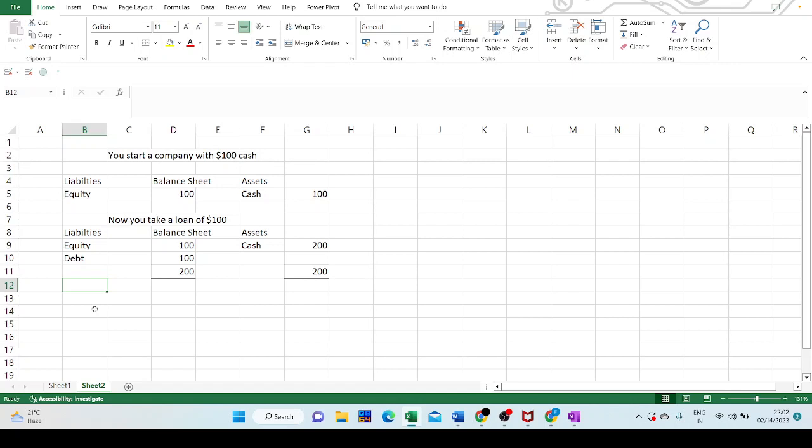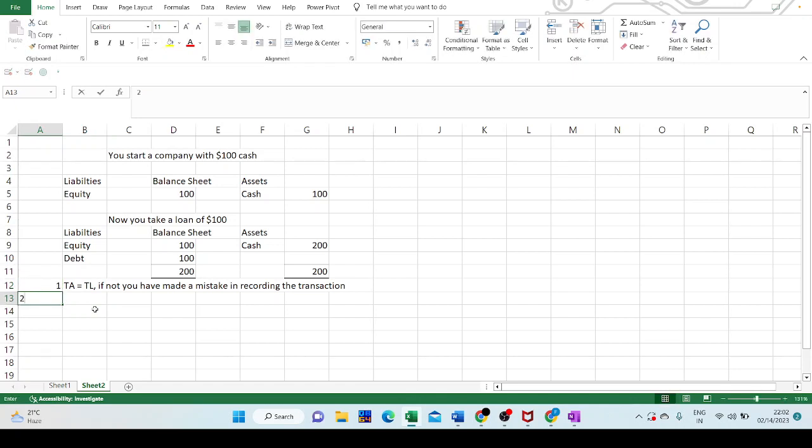Please understand this. Total assets should equal total liabilities. Okay, this is the first point.